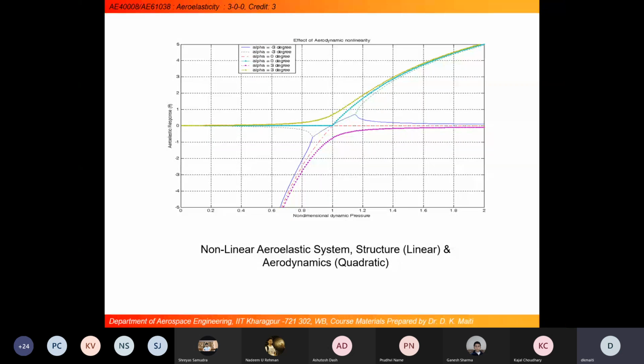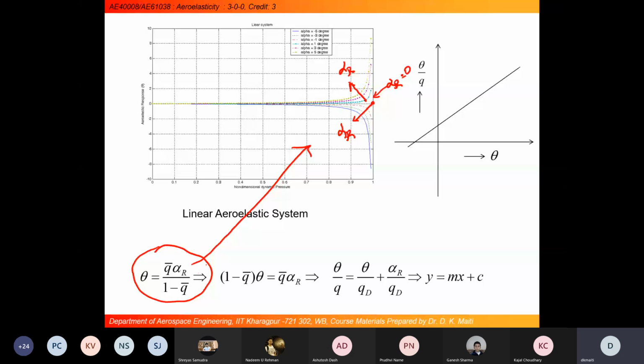Whatever response we get, this theta is q bar multiplied by alpha divided by 1 minus q bar, and this means the system will be unstable when q bar is greater than or equal to 1.